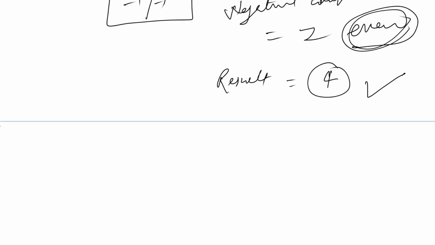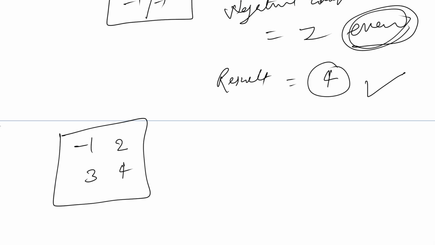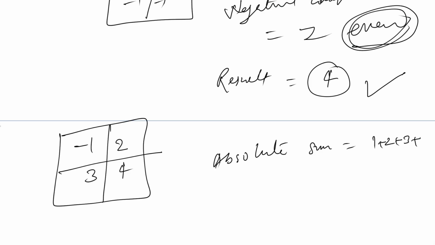Let's talk about the negative case. If this is minus 1, 2, 3 and 4, if we have this matrix, can we say that the absolute value sum is 1 plus 2 plus 3 plus 4, which is 10? What is the negative count?